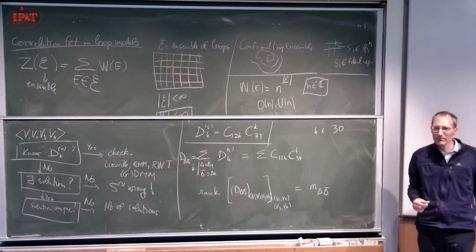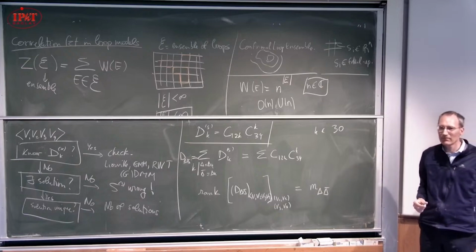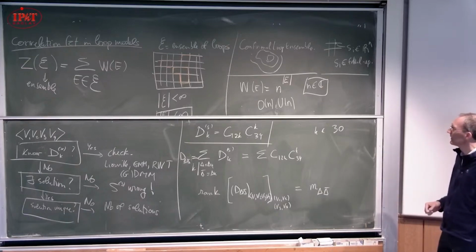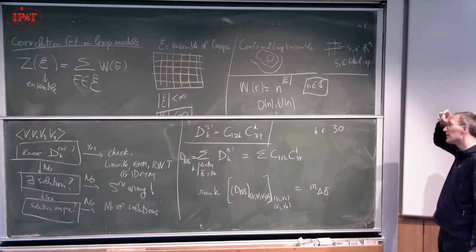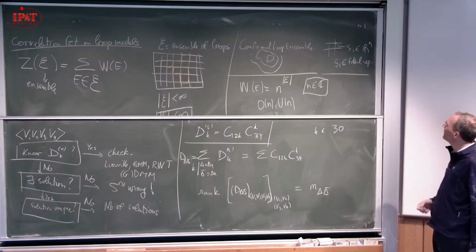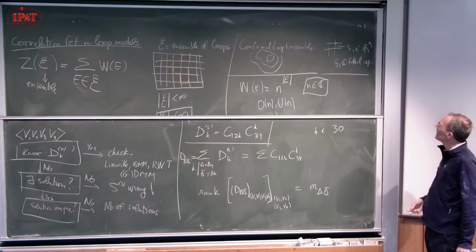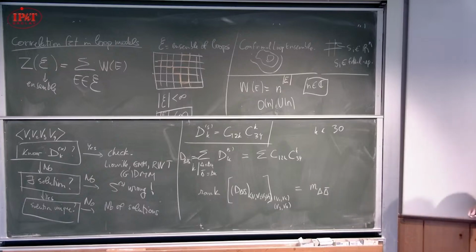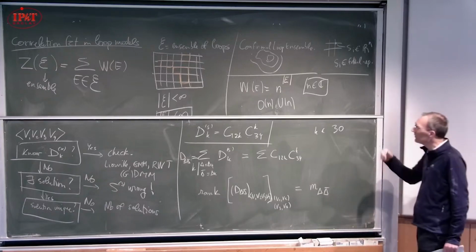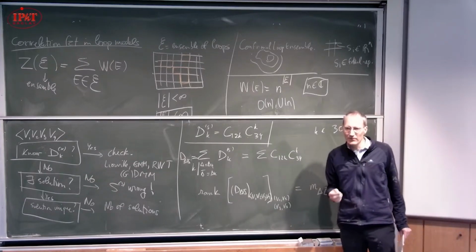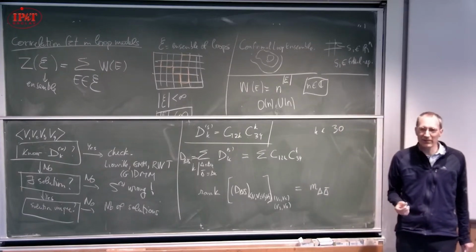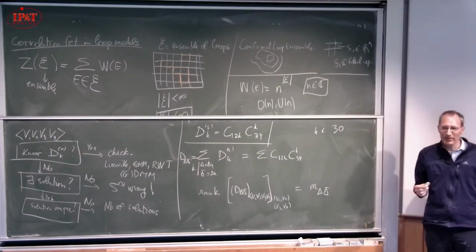The question is, what is the difference from a loop model point of view between O(1) and U(1)? Because the partition function doesn't depend on it. No, in fact, in U(n) you have orientable loop configurations, instead of unoriented configurations.